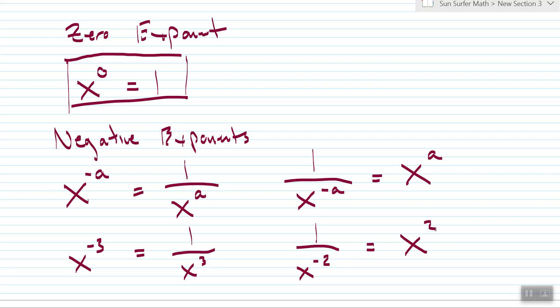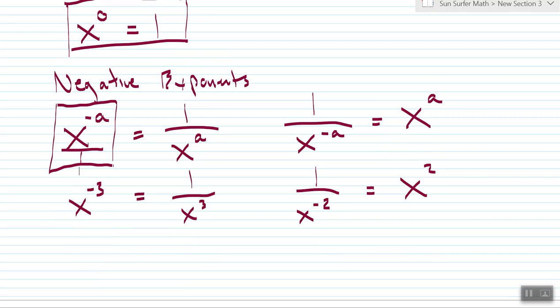The key thing to remember here is that if you have a negative exponent in the numerator, because remember this could be just written as over 1, then you can make it a positive exponent in the denominator. If you start with a negative exponent in the denominator, you can make it a positive exponent in the numerator. So let's just do a couple more with this rule.